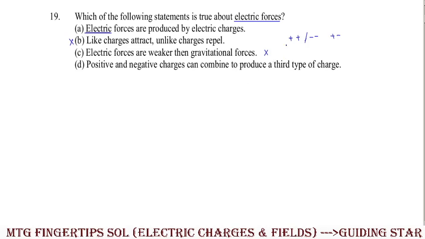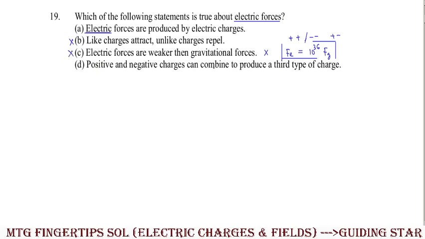In this case, we must remember that the electrostatic force between two protons is approximately 10 to the power 36 times the gravitational force between them. So electrostatic forces are quite strong as compared to the gravitational force. So option C will be the incorrect one.